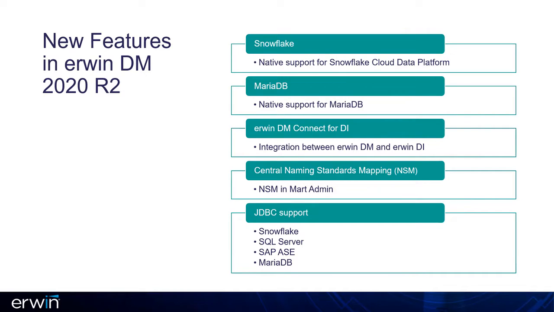The integration with the Irwin Data Intelligence Suite has been extended with Irwin DM Connect for DI. Models and naming standards mapping files in the Irwin Workgroup Edition can now be uploaded to Irwin DI's Metadata Manager.